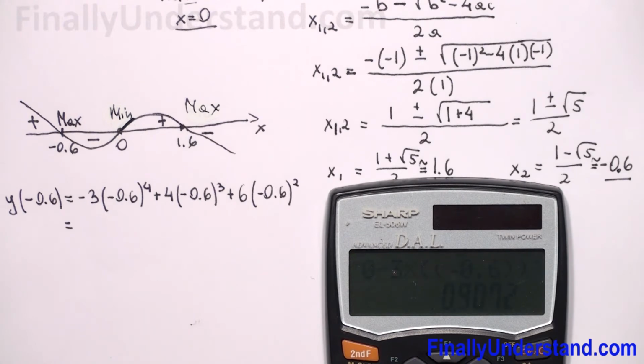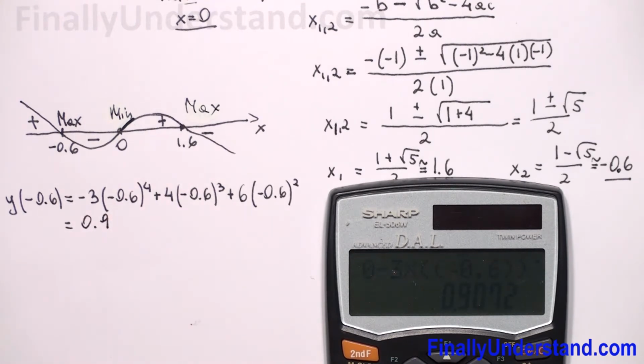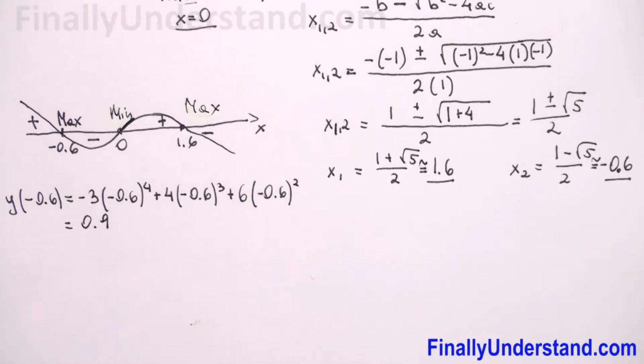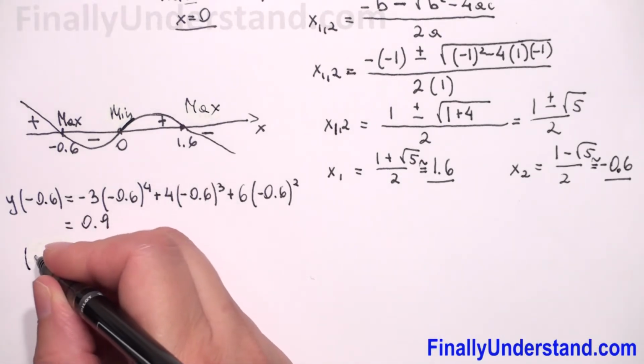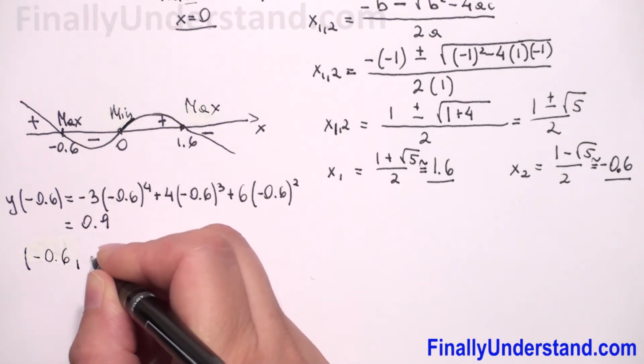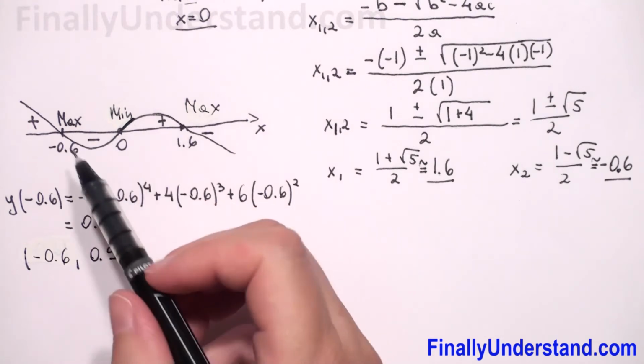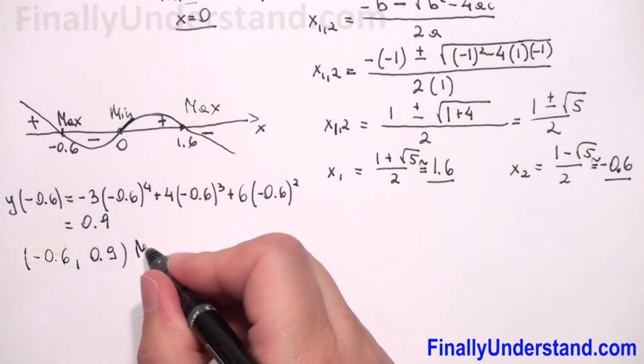This is equal to approximately 0.9. So we have a maximum at negative 0.6, 0.9. This is our maximum.